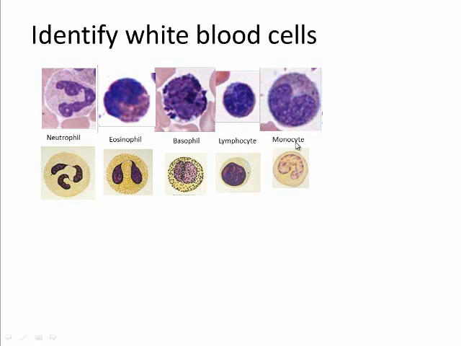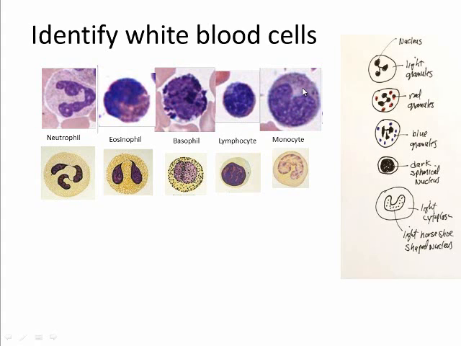In contrast, you have a monocyte, which has a kind of horseshoe-shaped nucleus and a lot of cytoplasm associated with it. So this is a monocyte. I drew these to help you identify them. The first three have a lobulated nucleus, different lobes. It's one nucleus, but it's the different profiles of that nucleus.